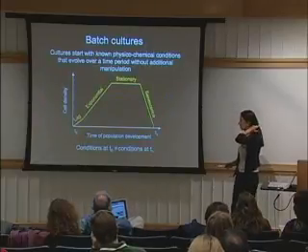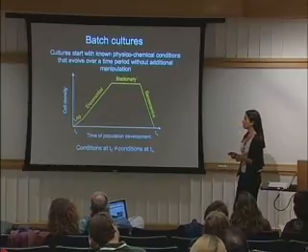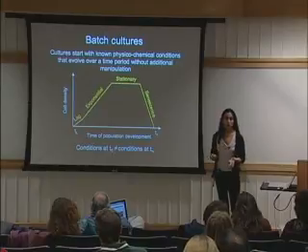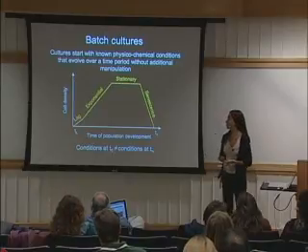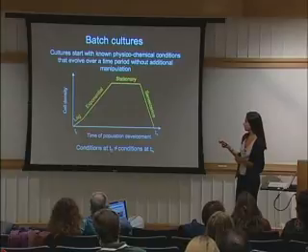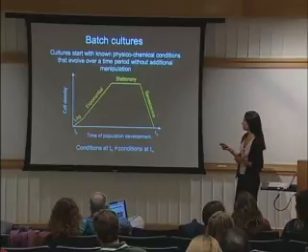Okay, so we have batch cultures, and this is one of the main approaches that has been used in phycological research over the last century, I would say. So these are all the stages of growth. You have the lag phase, the exponential phase, the stationary phase, and the senescence phase. Yeah.